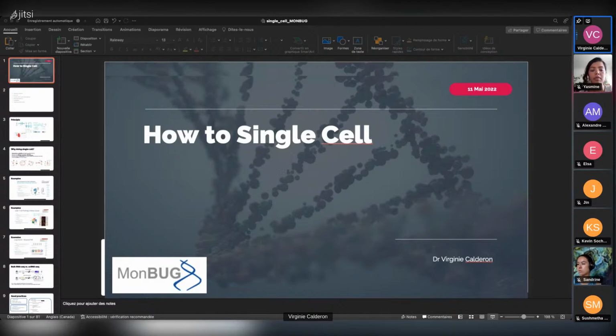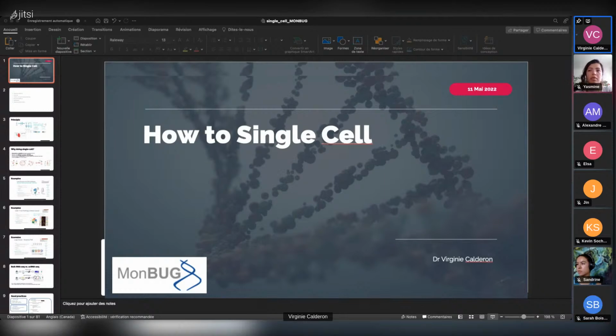So for example, you can characterize and identify heterogeneous cell populations. So that means you can maybe identify subpopulations of cells inside a tissue. You can also discover new markers or a new regulation pathway.